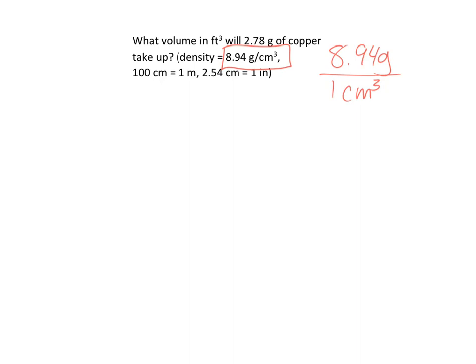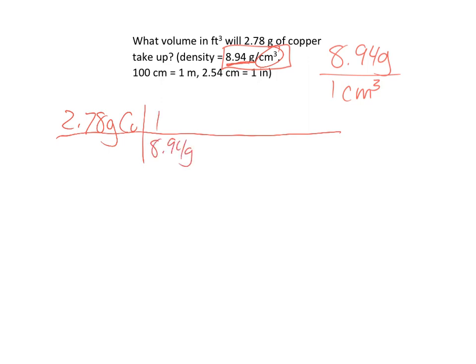So let's say I have 2.78 grams of copper, and I'm going to start my dimensional analysis grid. The first thing I'm going to need to do is get into centimeters cubed, right? Because the only thing I have to cancel out with grams is here. So I have 8.94 grams in 1 cubic centimeter. Now I have a ratio here where I can go from centimeters to inches.